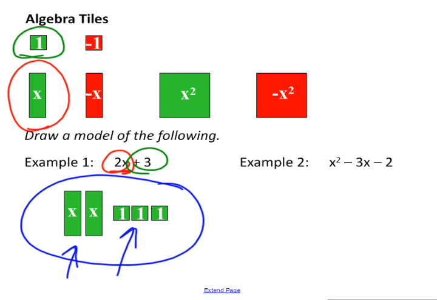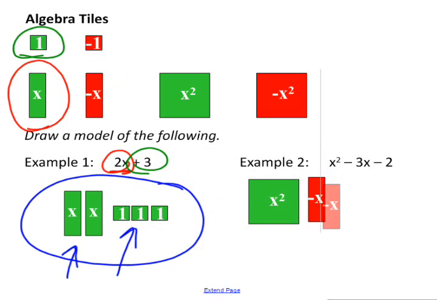Example 2, we have x squared minus 3x minus 2. To get the x squared, I'm going to use one of these larger squares labeled x squared. For negative 3x, I need 3 rectangles, but since it's negative 3x, I'm going to use the red rectangles, negative x, negative 2x, negative 3x.